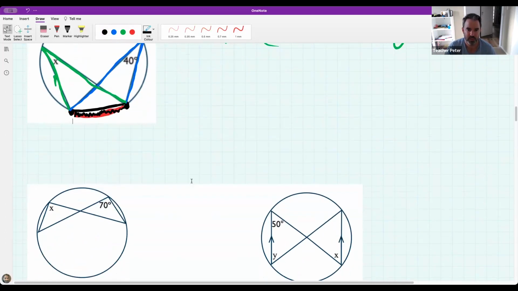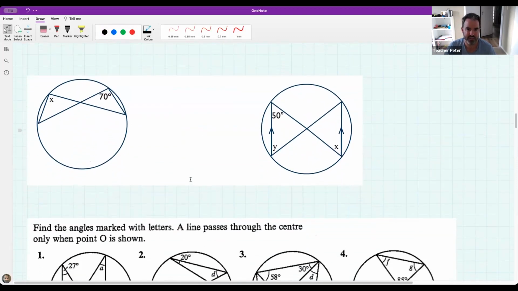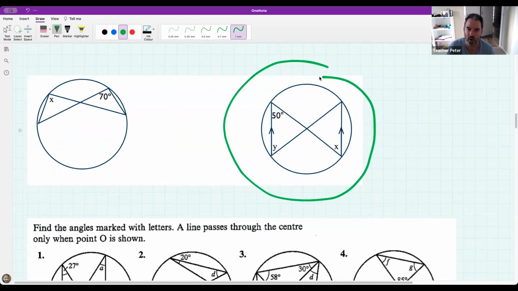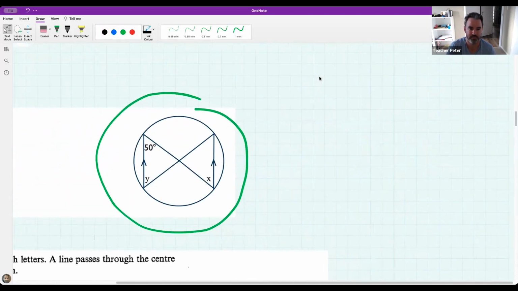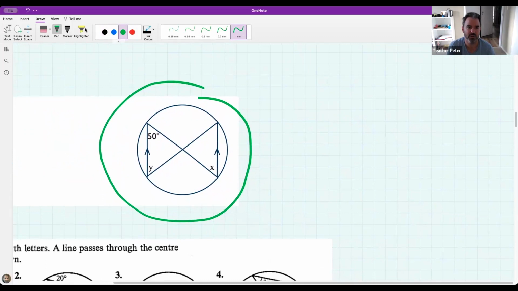Okay, I think this one on the left is too easy. I want you to find me X and Y from this question. And notice, what are these little arrows here? What are they telling me?